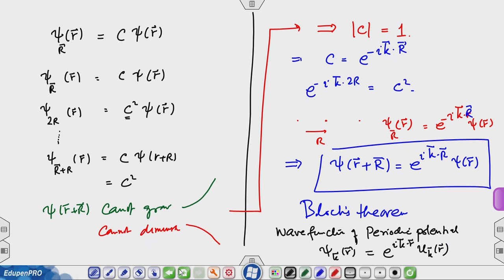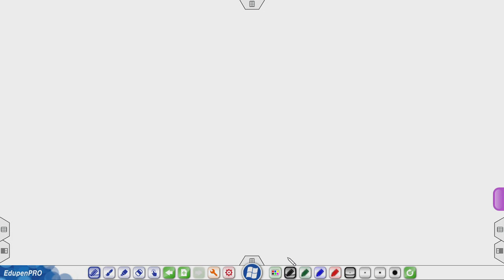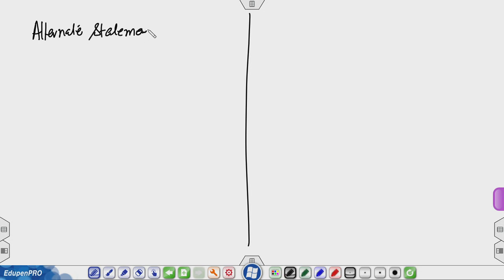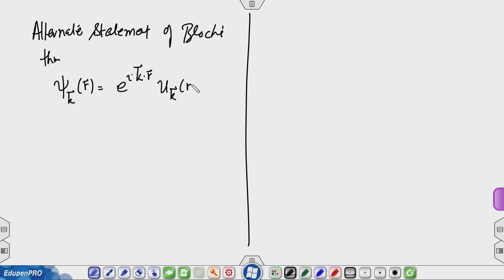So, let me write this separately in the next sheet. Alternate statement of Bloch's theorem is that psi k r is equal to e raised to i k dot r u k r, where u k r is periodic with the crystal periodicity.